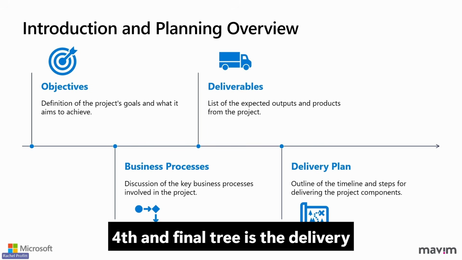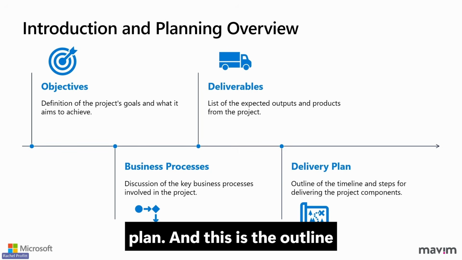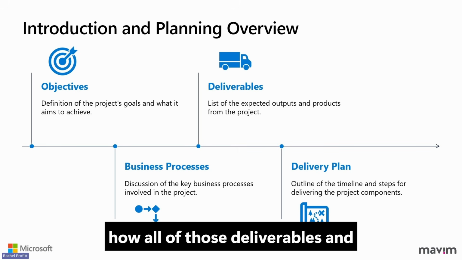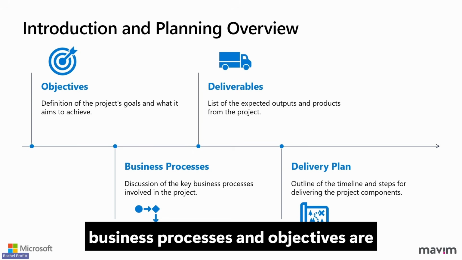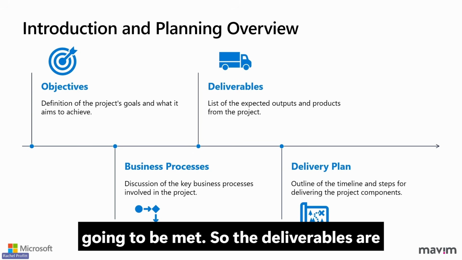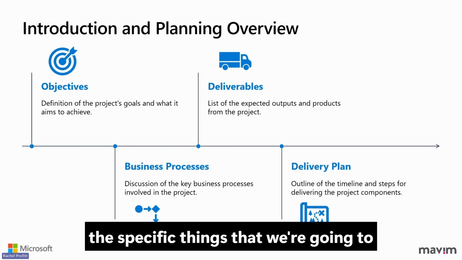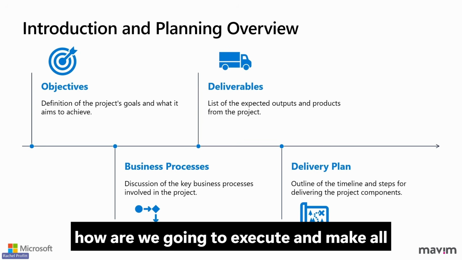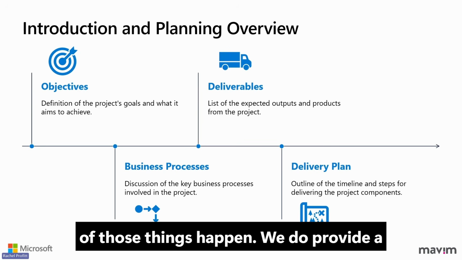And the fourth and final tree is the delivery plan. And this is the outline of like when, who, and how all of those deliverables and business processes and objectives are going to be met. So the deliverables are the specific things that we're going to do, and the delivery plan is more like how are we going to execute and make all of those things happen.